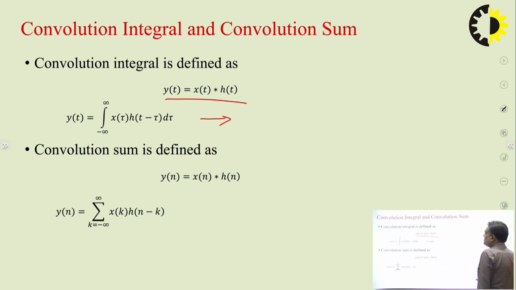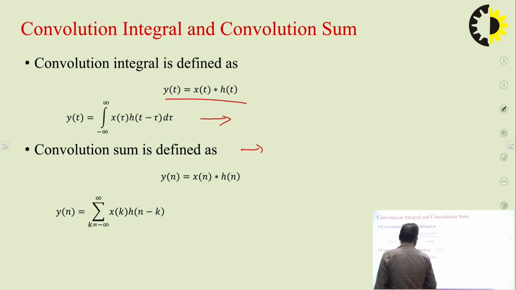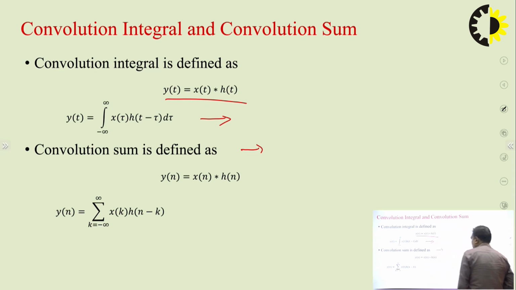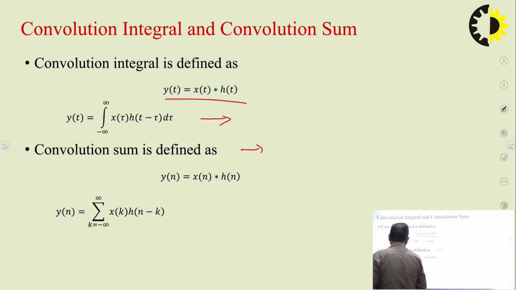For a discrete time system, the convolution sum is defined, and here we can see the expression y[n] equals x[n] convolution h[n]. x[n] is the input to this LTI system, and h[n] is the impulse response of this LTI system, and the definition of this convolution is the summation over k from minus infinity to infinity of x[k] into h[n minus k].